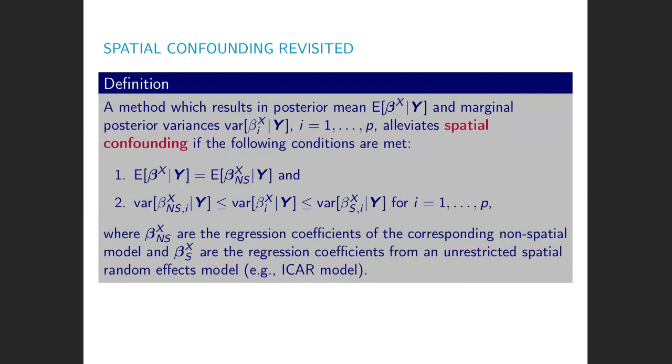So in particular, for a restricted spatial regression model, we expect the variance of the coefficients to be larger than they are in the non-spatial model. This isn't something that was proven to be true. It was more a property that you would expect, or this is more consistent with expectations.